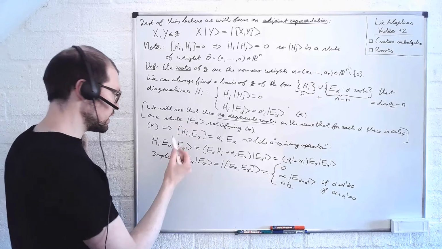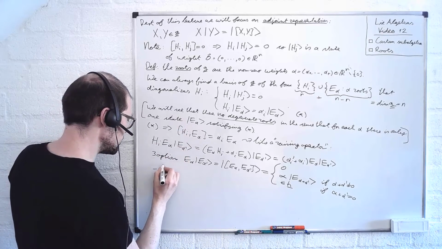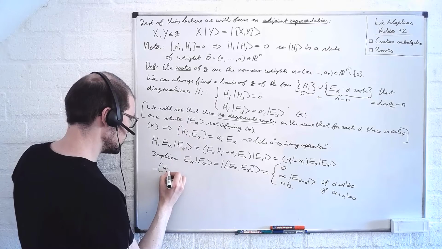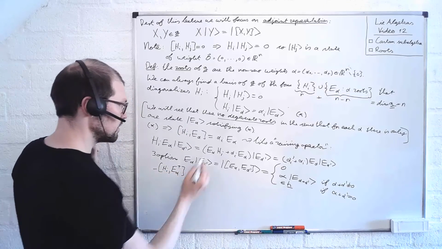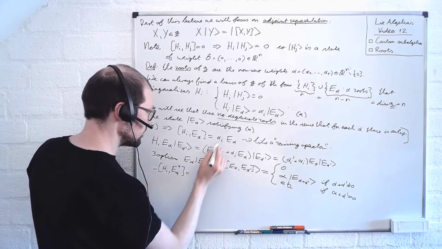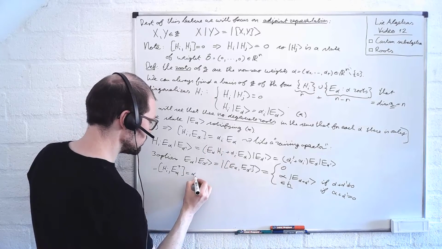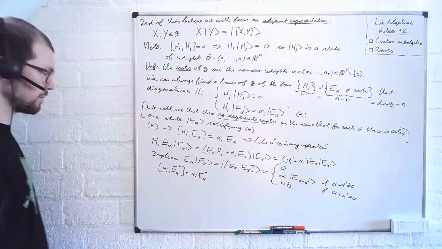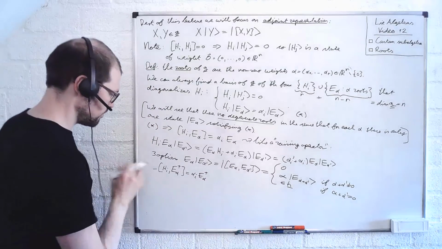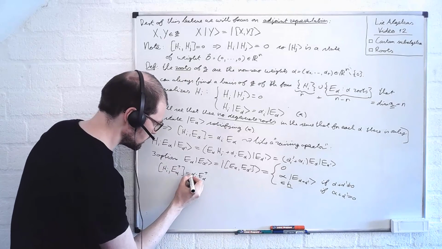So I get a minus sign. So I get that minus h_i e_alpha dagger is going to be, well, this is a real number, so it does not change. And then I get e_alpha dagger.